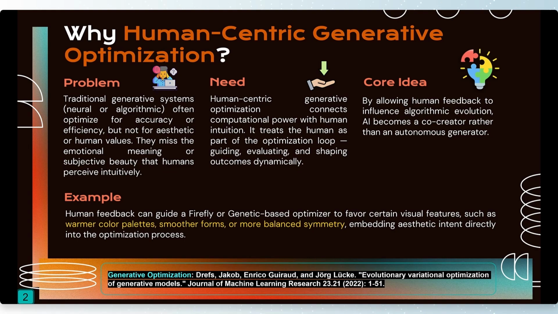By allowing human feedback to influence algorithmic evolution, AI becomes a co-creator rather than an autonomous generator. For example, human feedback can guide a Firefly or genetic-based optimizer to favor certain visual features, such as warmer or cooler palettes, smoother forms, or more balanced symmetry, embedding aesthetic intent directly into the optimization process.